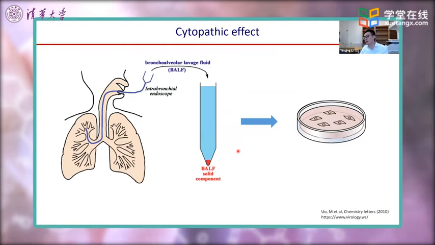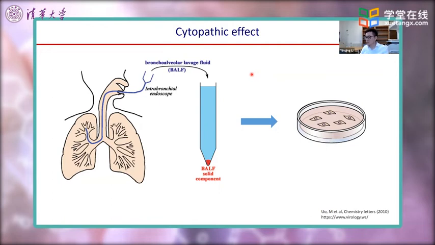Another thing that I mentioned is called the cytopathic effect. This is based on the fact that when the virus starts to proliferate inside the cell, it drains the cellular resources, and that's how it kills the cell. That triggers the cell stress response, and the cell will start to look unhealthy and look different. This phenomenon is called the cytopathic effect.